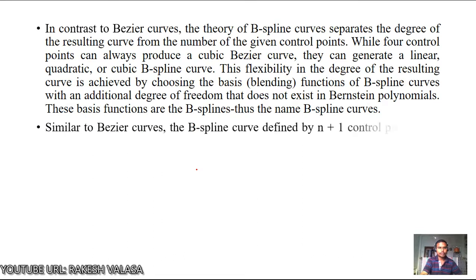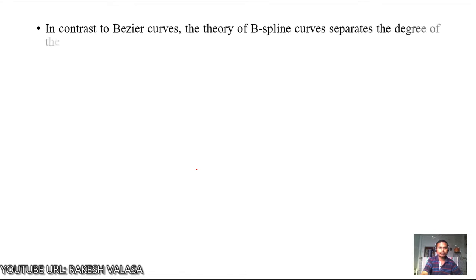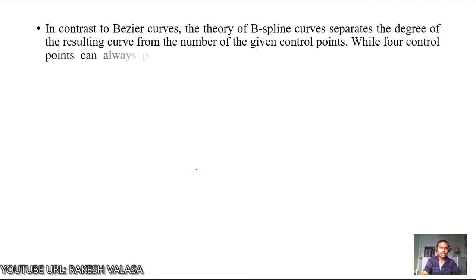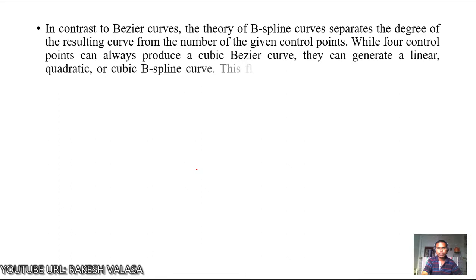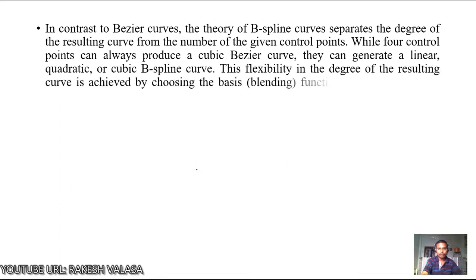Already we discussed the major difference between Bezier curves and b-spline curves. Let us see the summary of the difference. In contrast to Bezier curves, the theory of b-spline curves separates the degree of the resulting curve from the number of given control points.